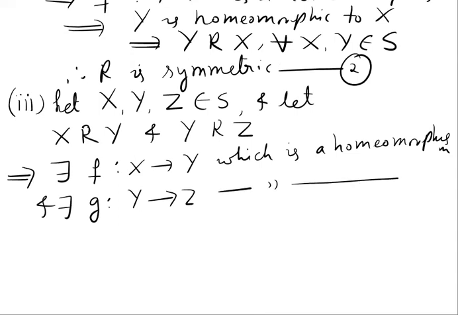Now, can you give me a function from X to Z? What we have to prove is X is related to Z. Then only R will become transitive.